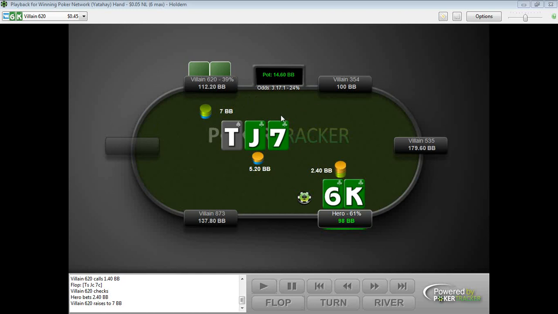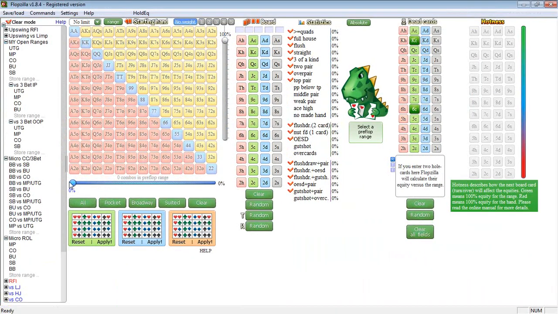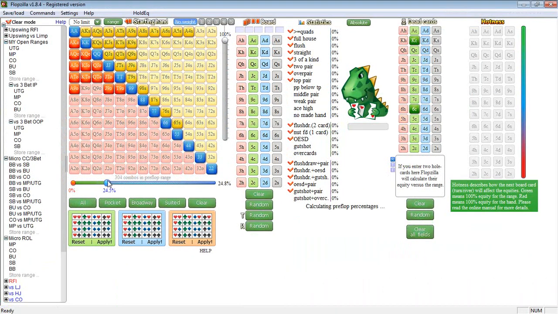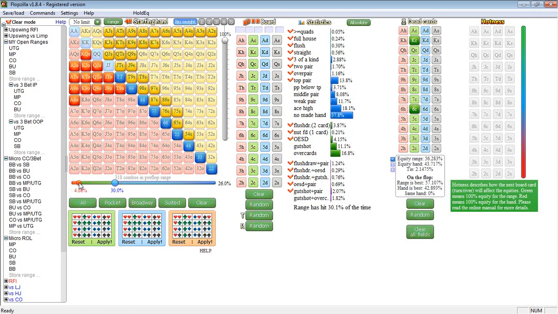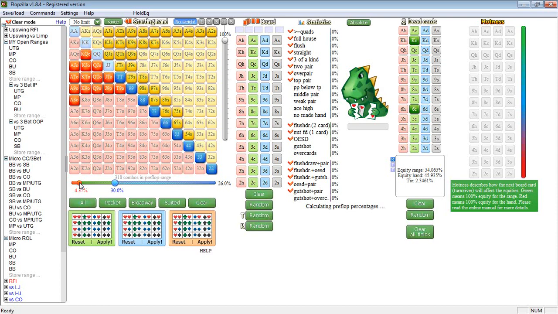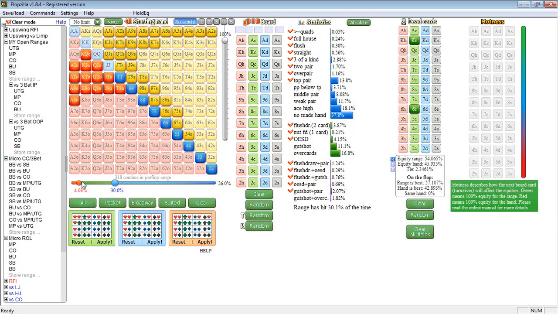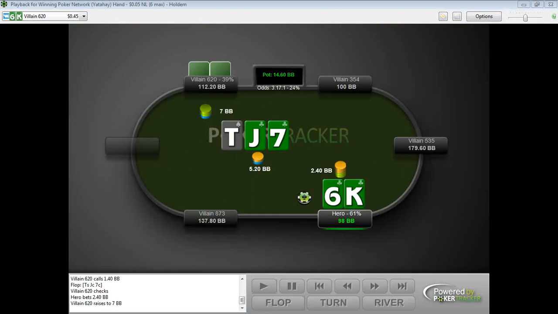His 3-bet is 4%. So this is what his range would look like here. And we're going to make the board ten of spades, jack of clubs, and seven of clubs.